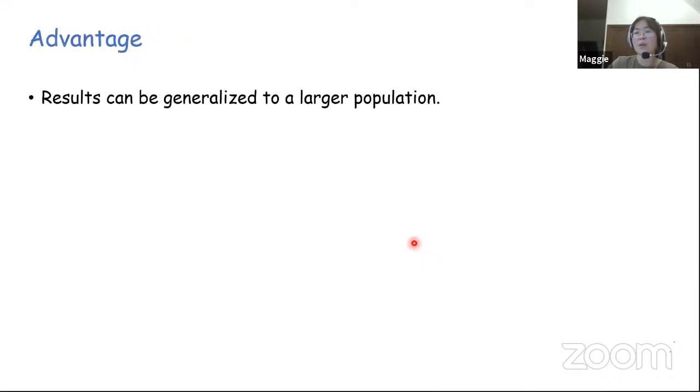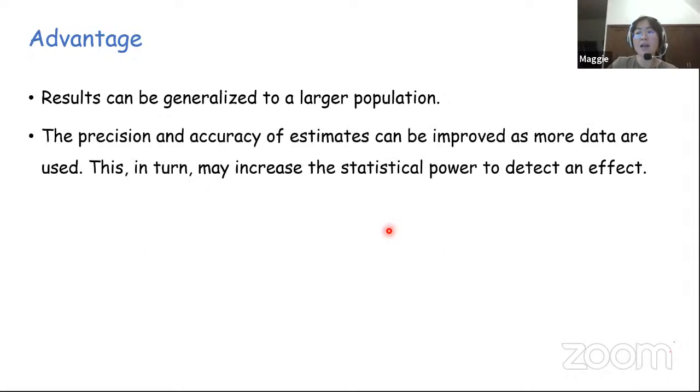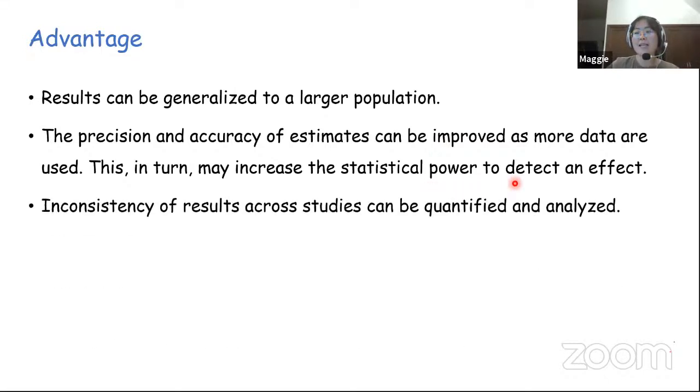So a quick review of the advantages of the systematic review. The results can be generalized to a larger population. The precision and the accuracy of the estimates can be improved as more data are used, because you combine different studies, so more data, they are more reliable. This in turn may increase the statistical power to detect an effect. And inconsistency of results across studies can be quantified and analyzed.